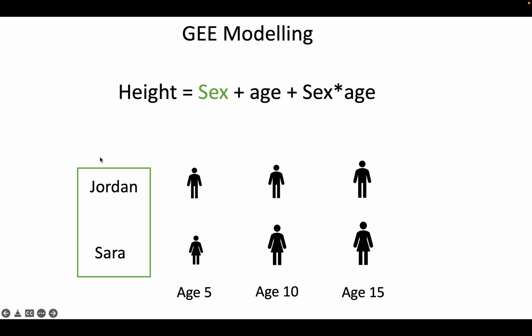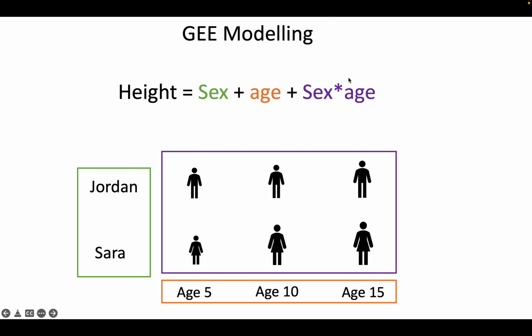So sex here, that coefficient would be the effect of sex on height, and that's represented here. The effect of age we'd be able to find, and that's independent of sex because it's its own coefficient in the model. And then what we're actually interested in, like the objective as written earlier, is the effect of sex and age on height, where you could replace age with time, because in a lot of analyses it wouldn't necessarily be age, it'd be time 1, time 2.